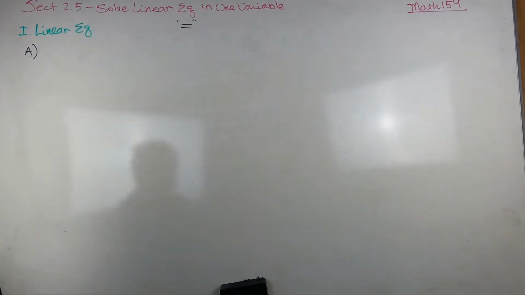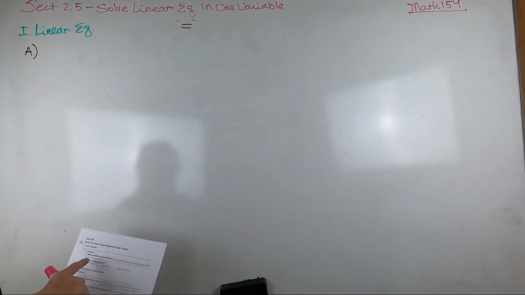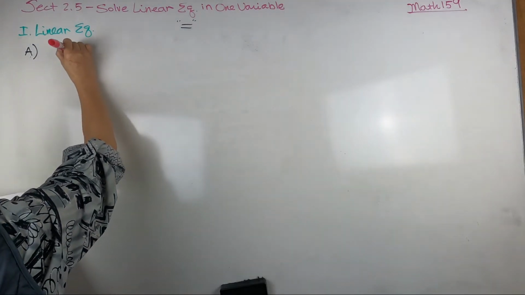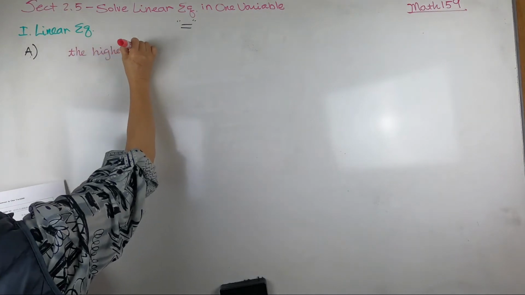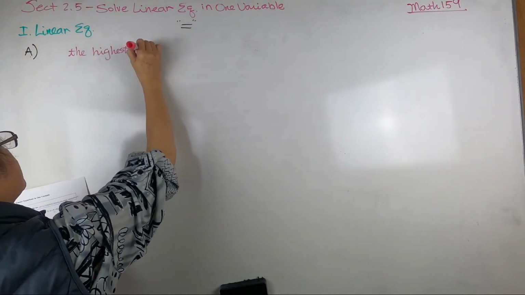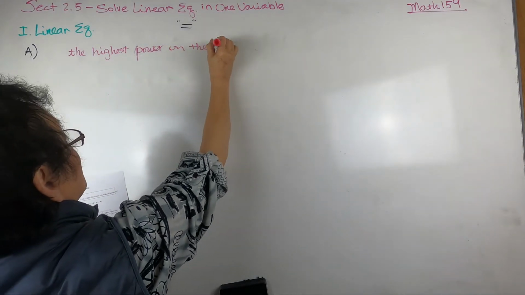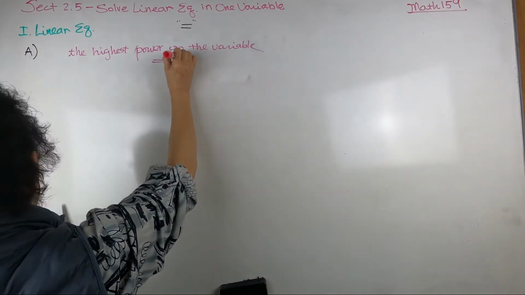On page 22 at the top, a linear equation in one variable, just x, is one where the highest power on the variable equals 1.